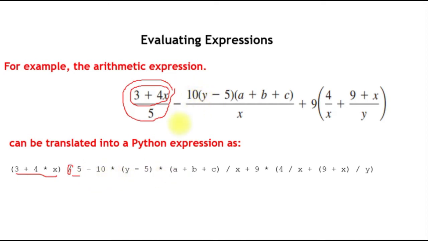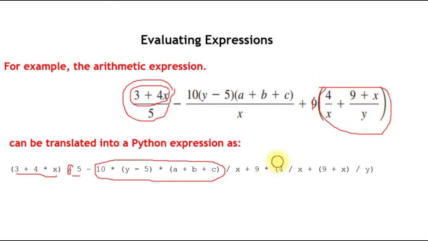So, multiplication po yan. 10 times y minus 5 times a plus b plus c divided by x. So, i-group muna natin ito. And then, saka natin siya i-divide into x. Next is 9. So, ito siya. 9 times. Then, i-group natin yung nasa loob ng parenthesis. So, nakagroup din po ito.